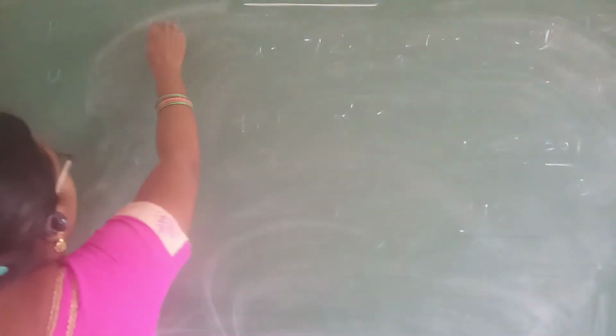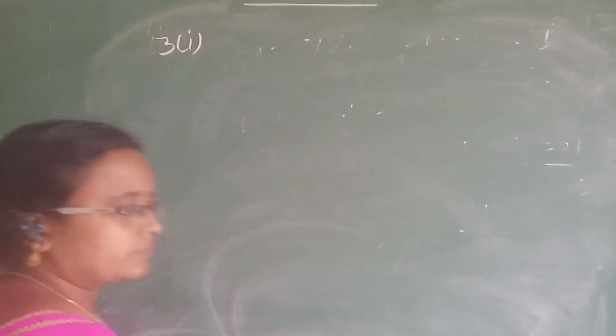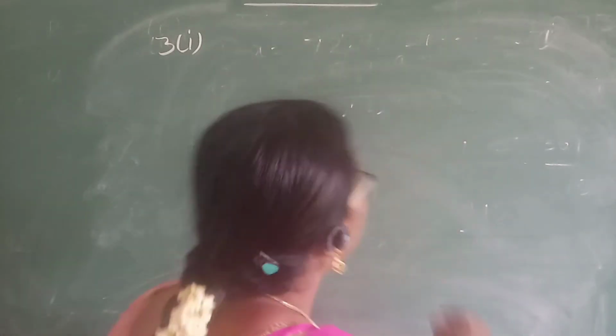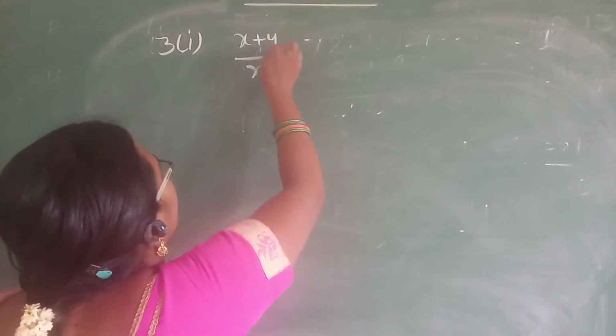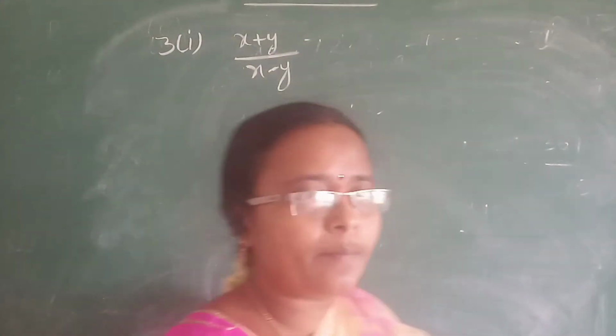Third bit, first one, x plus y divided by x minus y. So here it is asking to find out x plus y divided by x minus y.